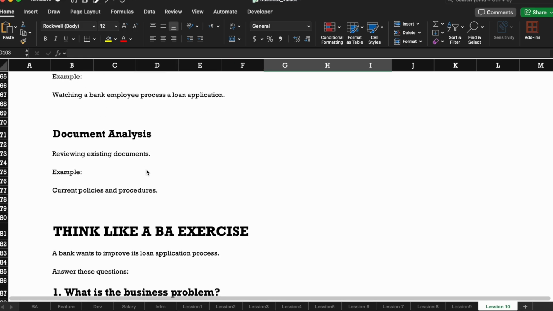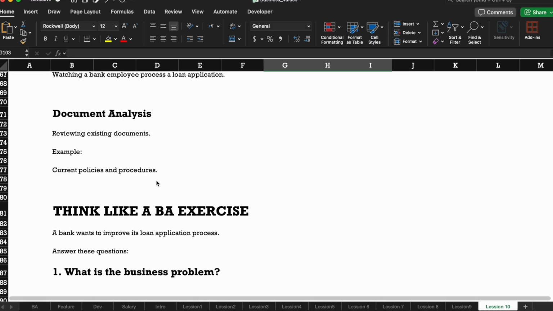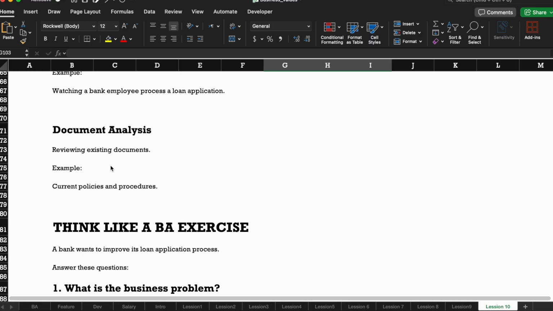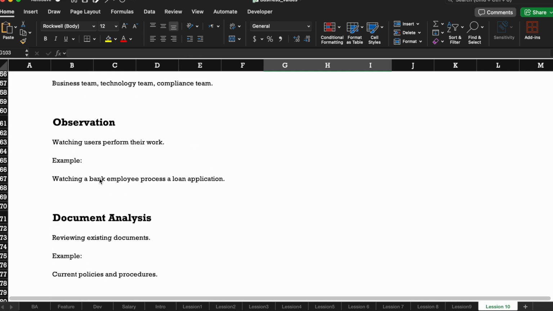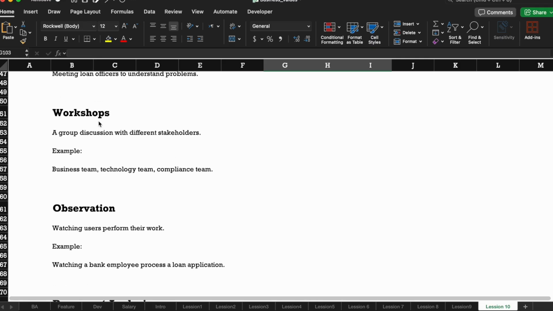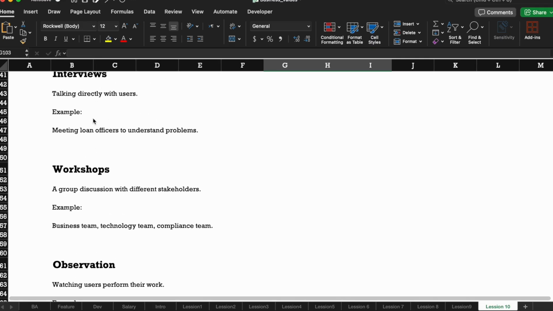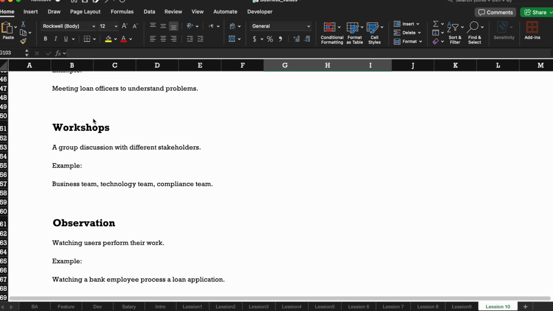Document analysis means reviewing the existing documents, current processes and procedures. There is a lot of documentation you will receive in a project, like Confluence pages, existing BRDs, manual processes, user manuals. So it's pretty much reading. It's like you are going back to school, but I would prefer job shadowing, like interviewing people and getting to know what they are doing.